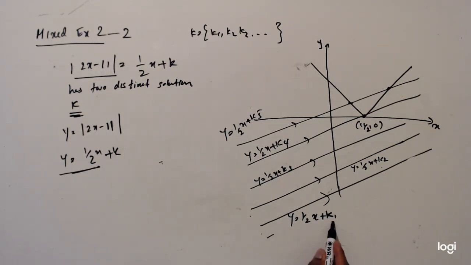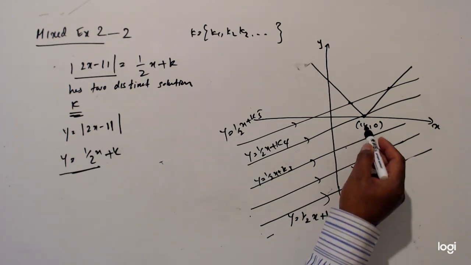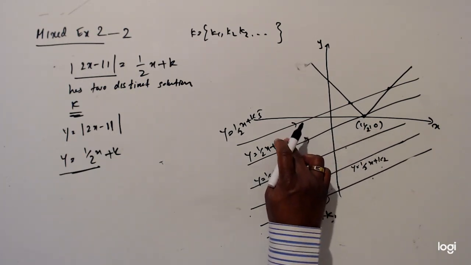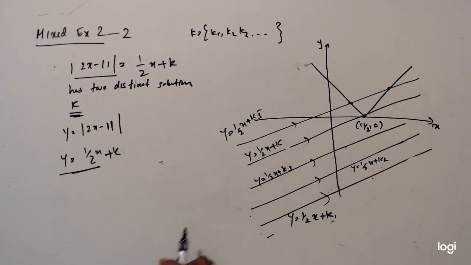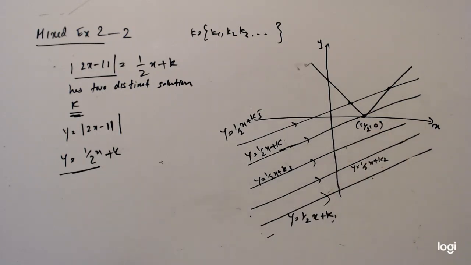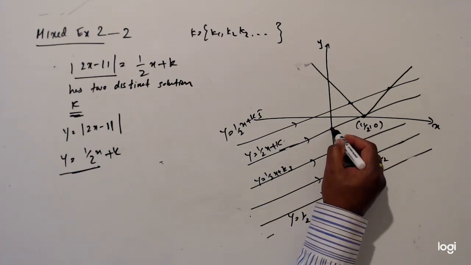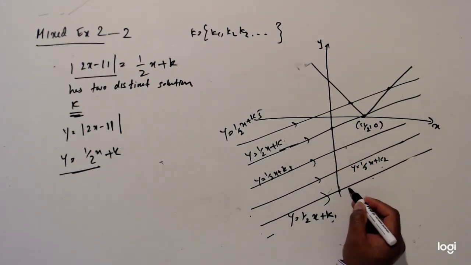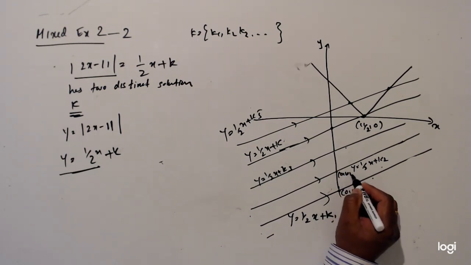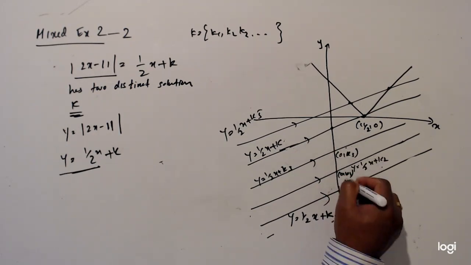Now we need to find the k for which we have distinct solutions. So we know that for k1 there is no solution, k2, k3, and we know that for k4 we have one solution. Then we can find this k value. In this place, this is 0, k1, 0, k2, 0, k3, the y-intercept.